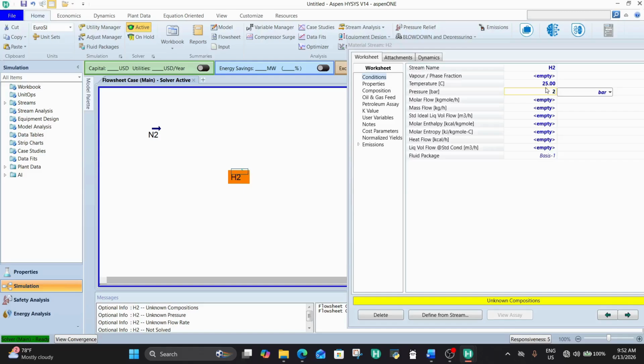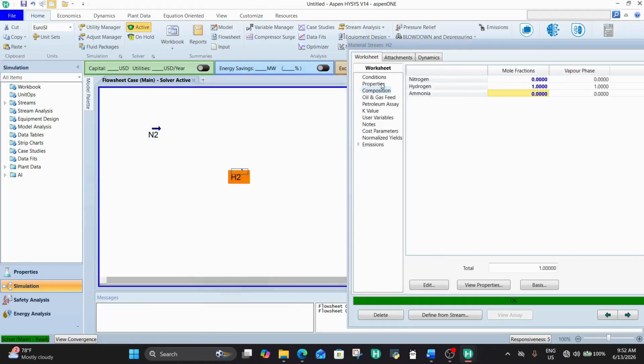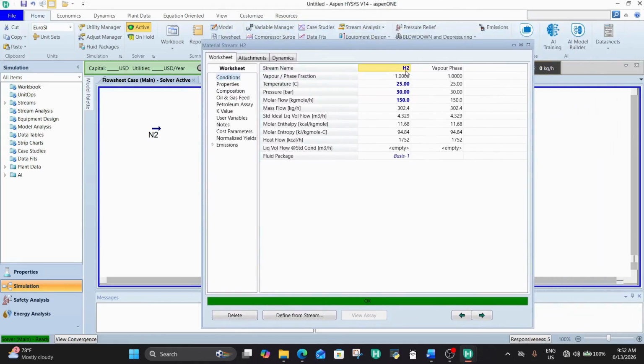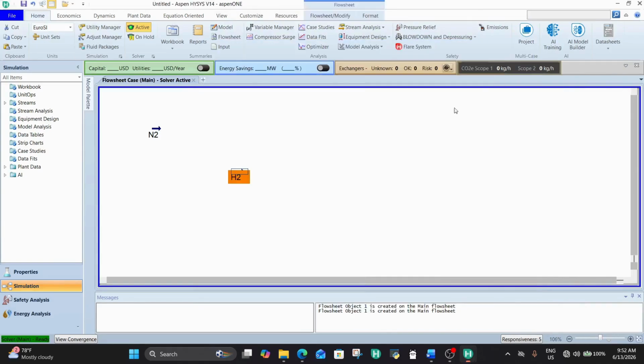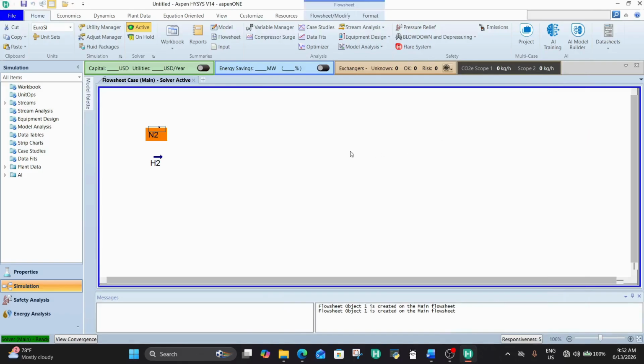So I will be turning this to 30 bar, with a rate of 150 kilomole per hour. And for our 100% hydrogen, we have successfully created our stream also. As you can see, it's in the gas phase, which is what we need. And let's just come back here to check temperature and pressure, 30 bar. Good.